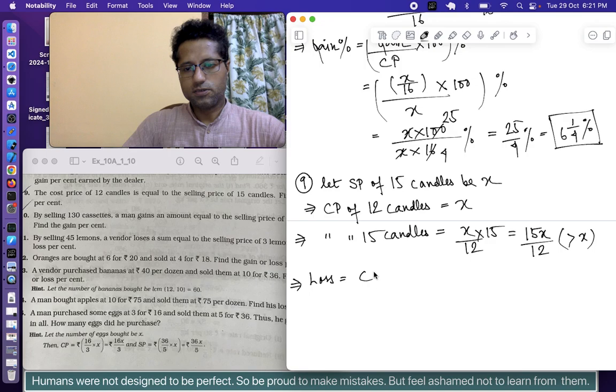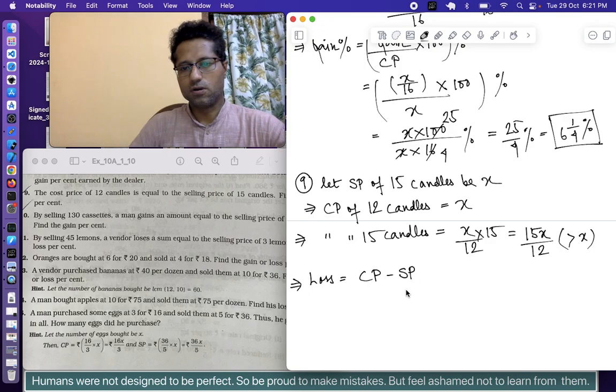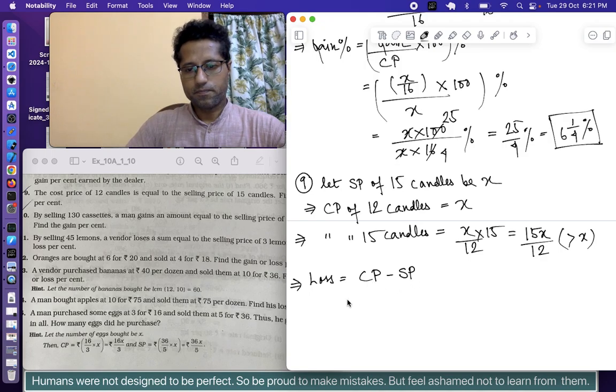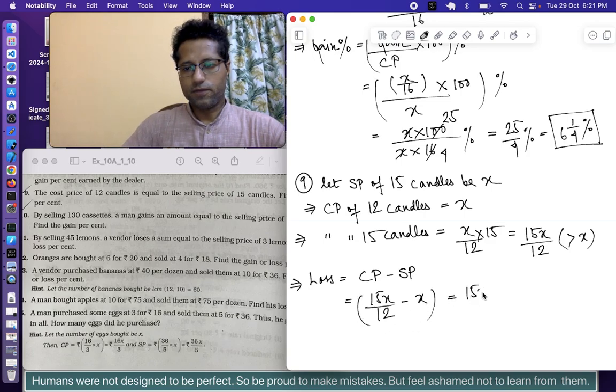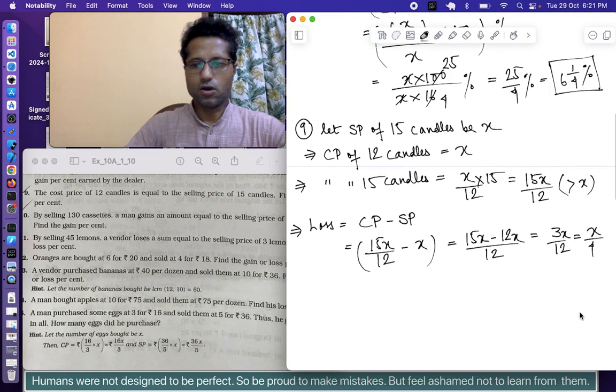Loss is equal to CP minus SP, and here CP and SP are based on the price of 15 candles. CP of 15 candles is 15x by 12, and SP of 15 candles we assumed to be x. This is equal to 15x minus 12x by 12, which is 3x by 12. This is x by 4.